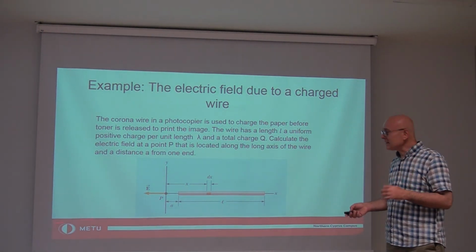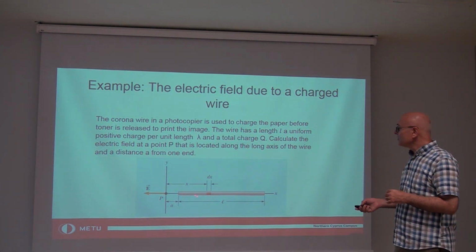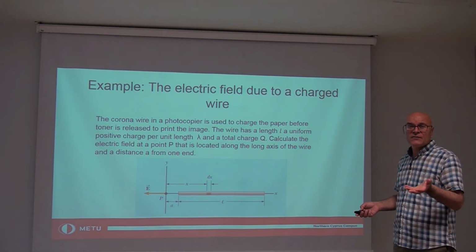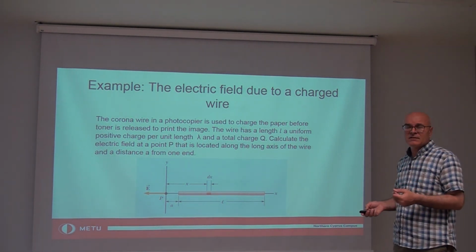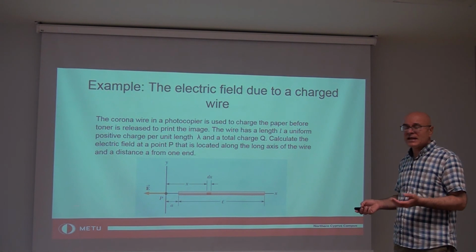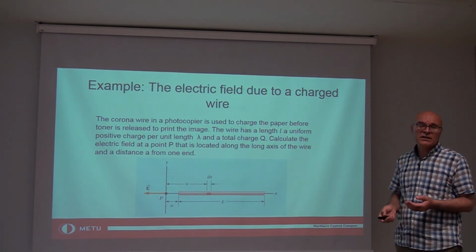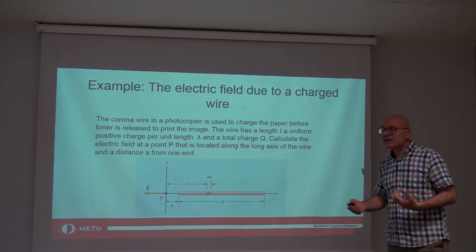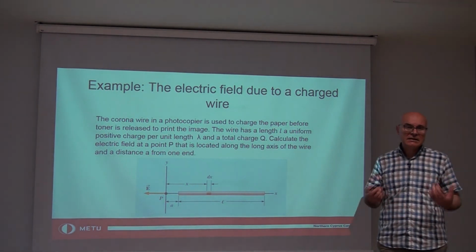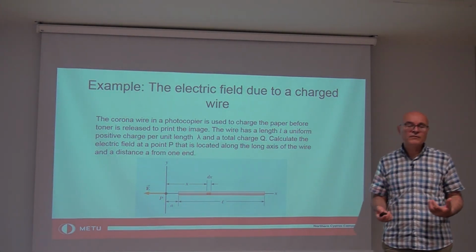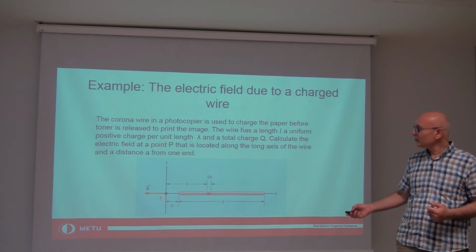For definiteness, we will take this charge to be positive, although even for a negative charge it is almost the same, except that the direction of the electric field will be reversed. So let's see how we can work out the electric field of this charge distribution at P.